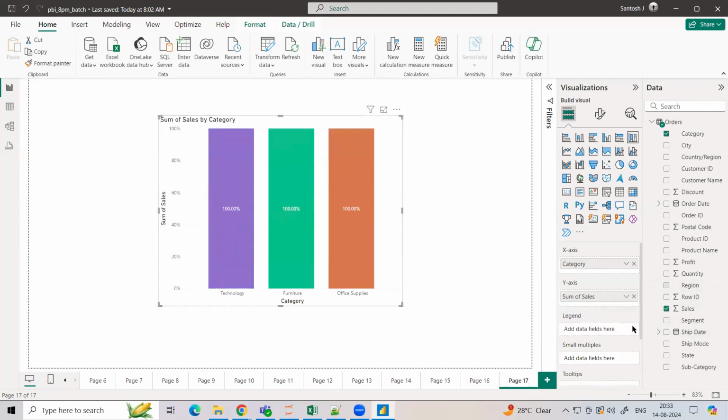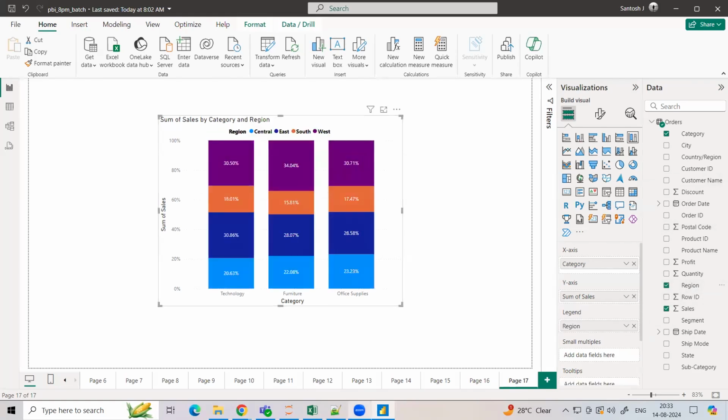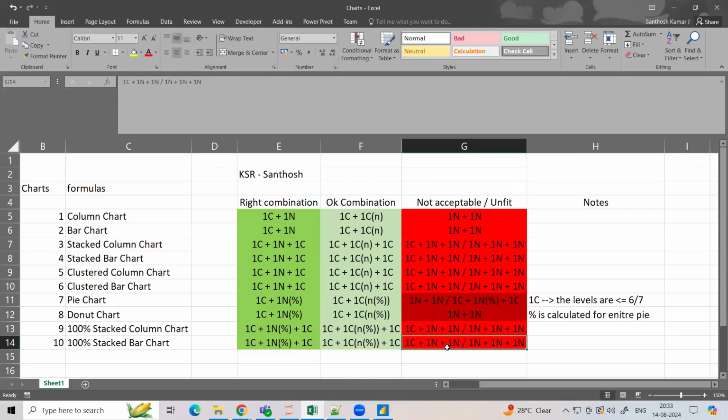If I simply take this everywhere, it will show 100%. Within 100%, I want to break down, so all three have to be given. If you give only two, it will not work. Even if you don't give one, it will become like a normal bar chart and column chart without stack. But here it has to be 3 parameters. Are we good?